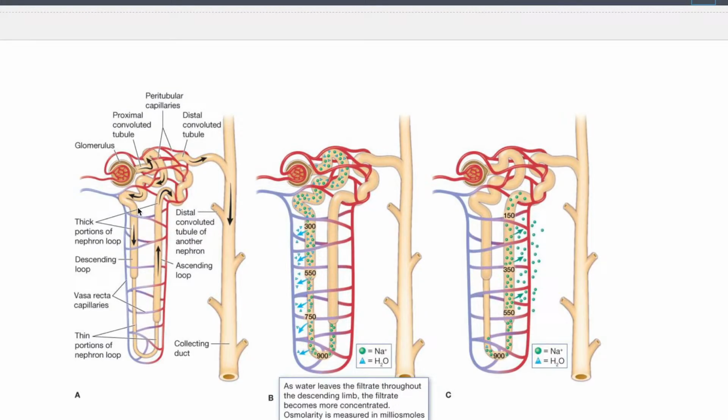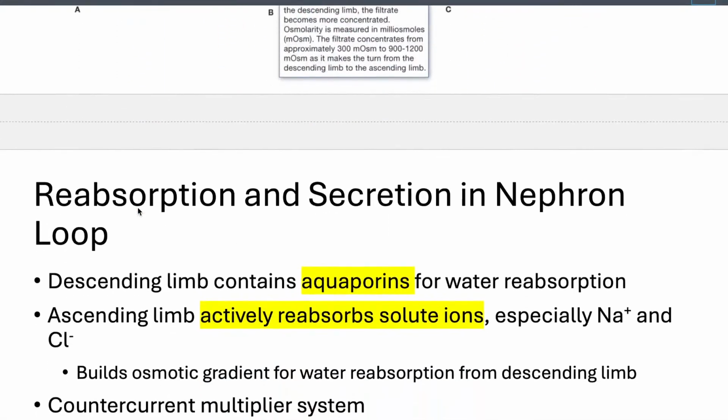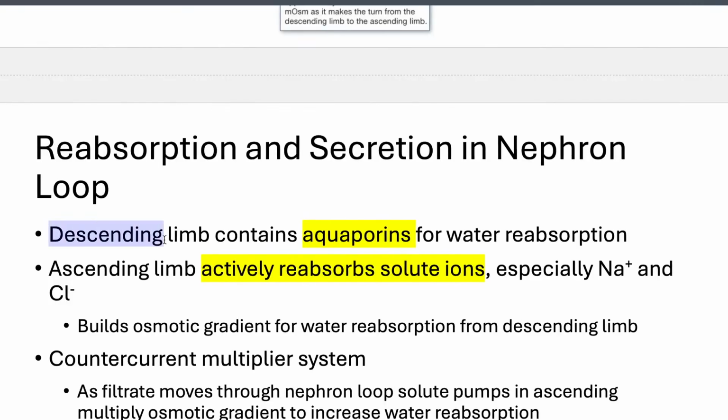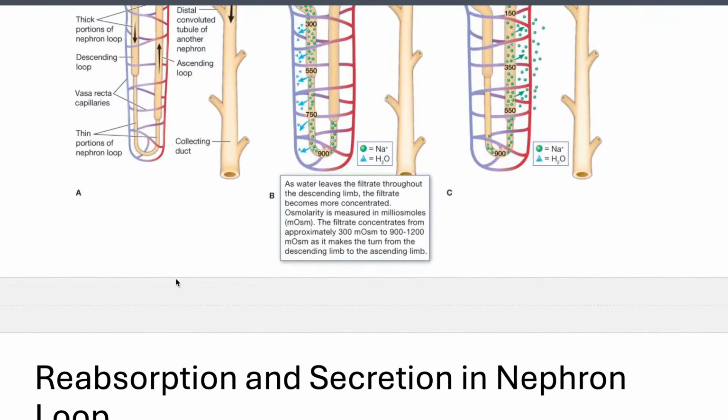So let's read that. Reabsorption and secretion of the nephron loop. First we're going to do the descending limb, which contains aquaporins, which are special transporters for water. I remember that water is not lipid soluble, so it's not going to go across the membrane.